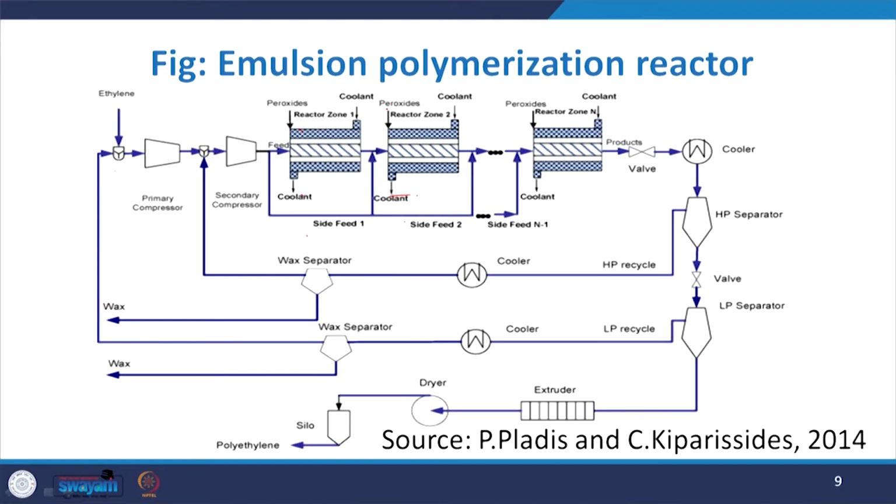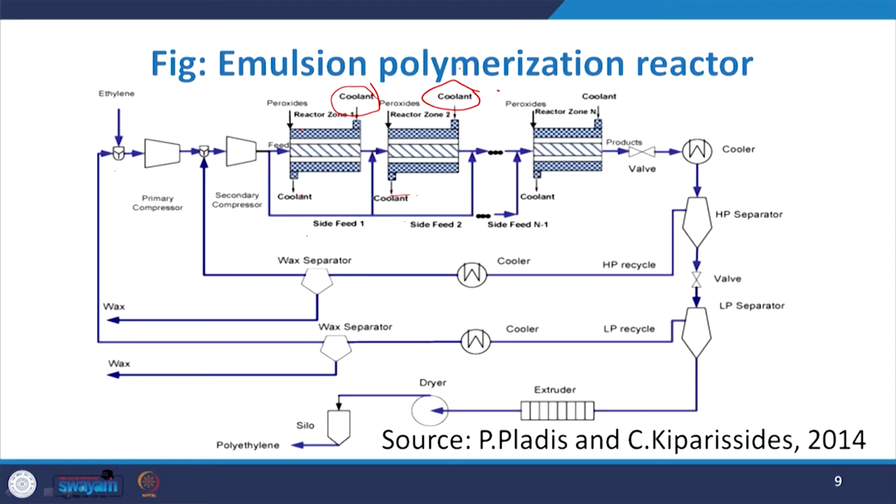Now, there is a subsequent addition of coolant, because these reactions are exothermic in nature, and if we do not add this coolant, then there may be a chance of a thermodynamic imbalance which may create further issues.